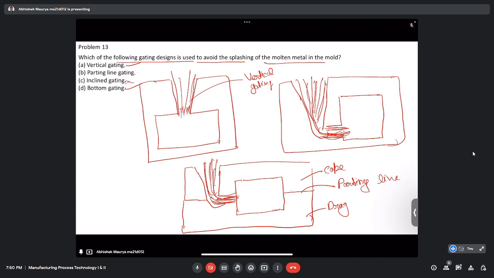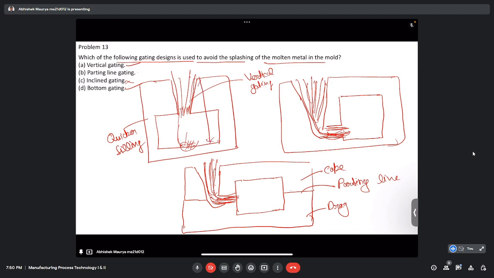I have told that in the vertical gating system we have the advantage of quicker filling, but we have a risk of erosion or splashing because the material is falling from this much height.